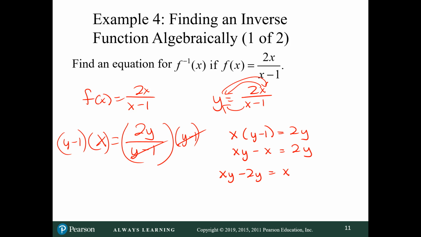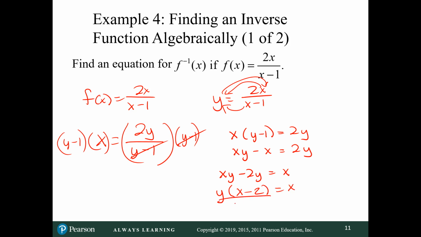Now I want to get y all by itself on the left side. What magic mathematical jargon will I use to figure out how to get y all alone? I'm going to have to do what to it? The left side. It's like dividing using an F factor. We're going to factor out the y.